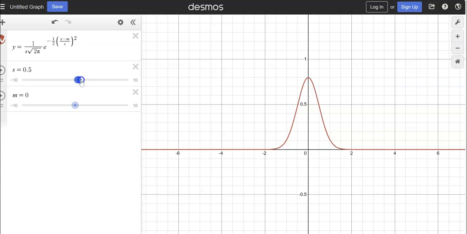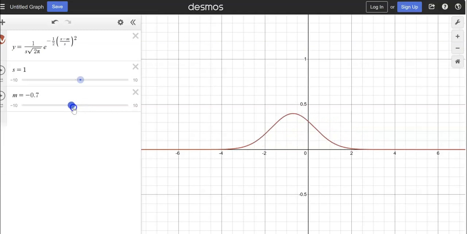So if my standard deviation is 1, it looks like that. If it goes bigger, notice this thing starts to flatten out. And if it gets smaller, it gets really skinny. So it's affecting that horizontal compression there, whereas the mean just shifts it left and right.